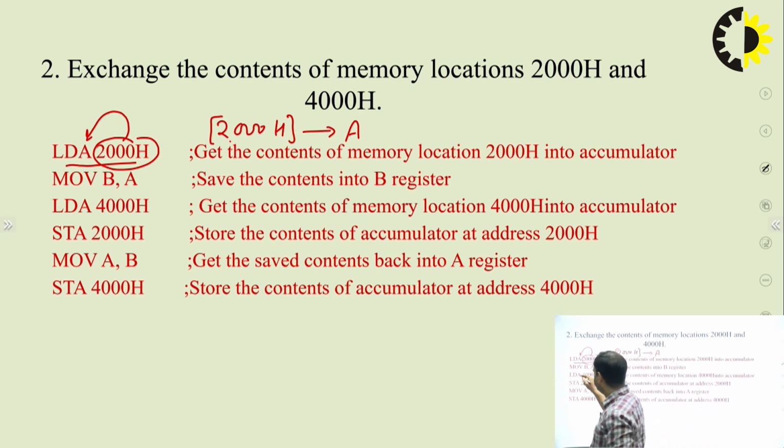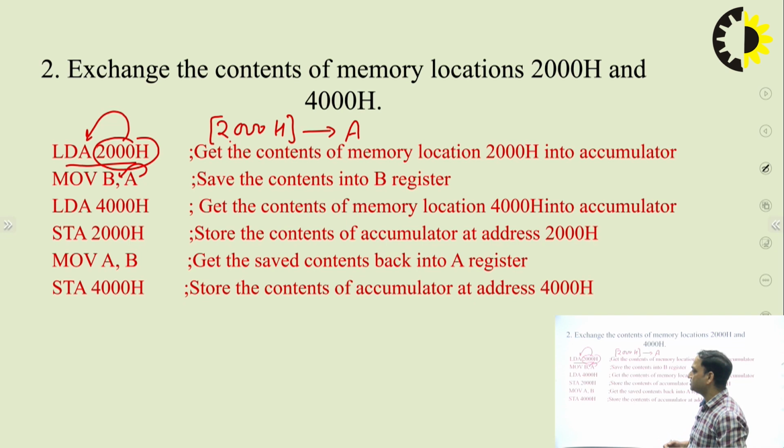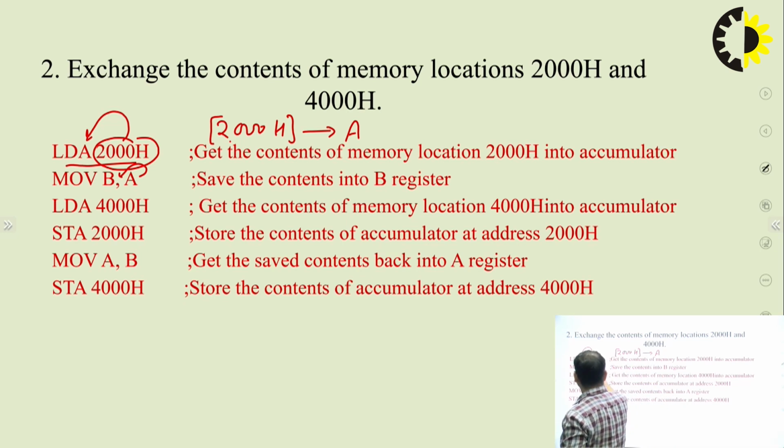Then MOV B comma A means the content of A will move into the B register, because we are exchanging the numbers from the memory locations. Suppose we have some number, say 32, just for example.